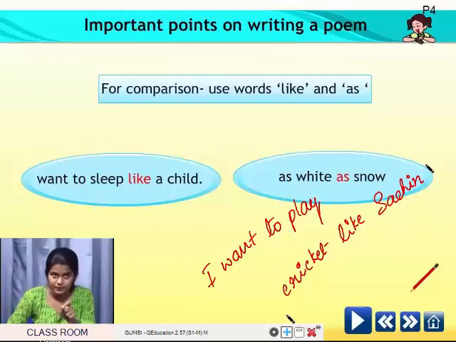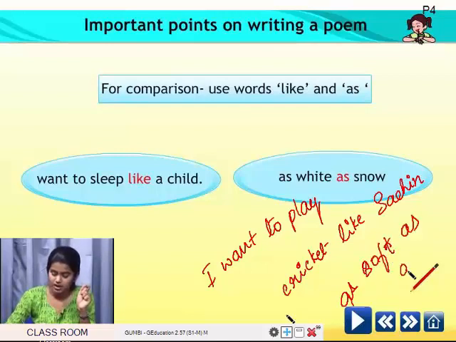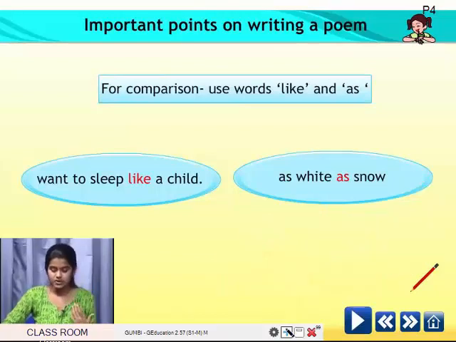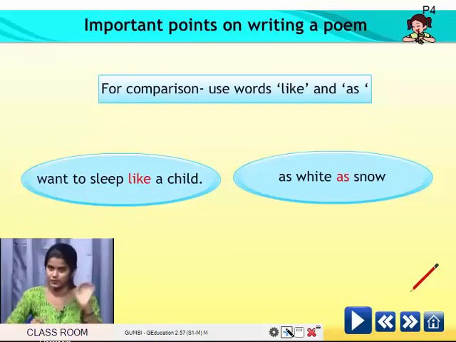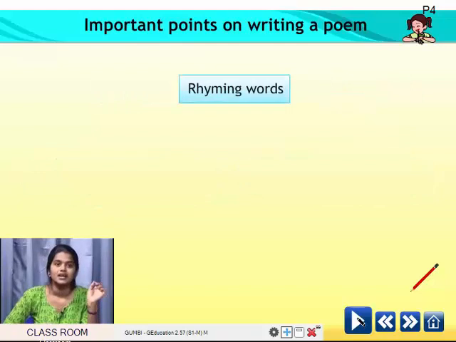Or I want to run like Usain Bolt. Or as soft as cotton. Okay, so we use like or as to compare something to something else.